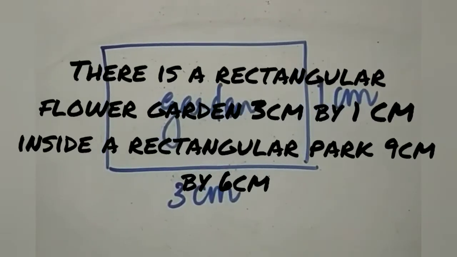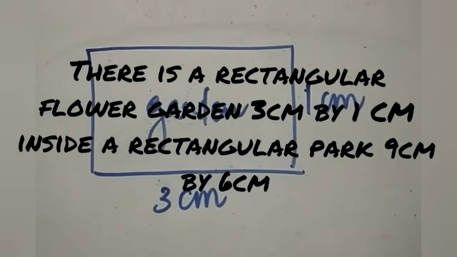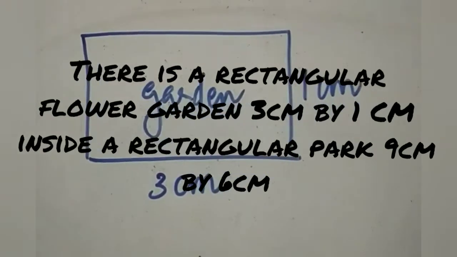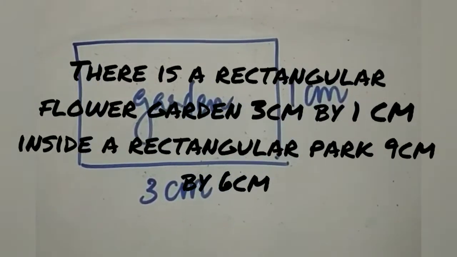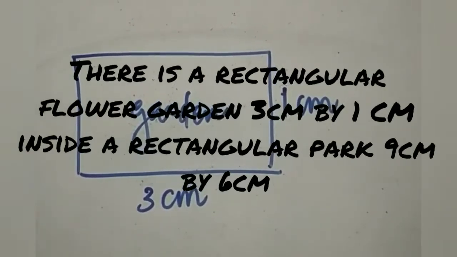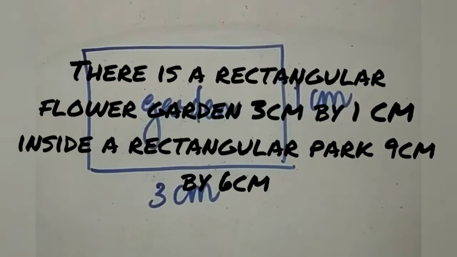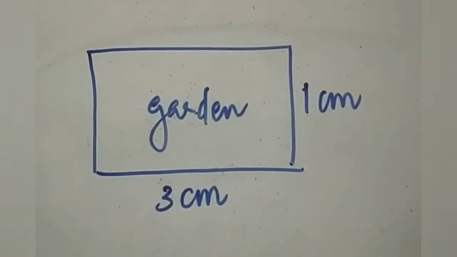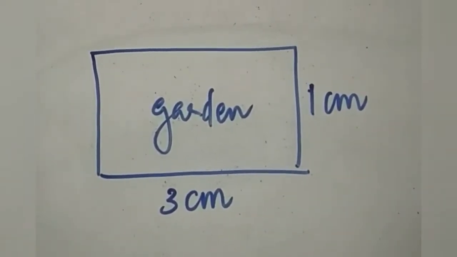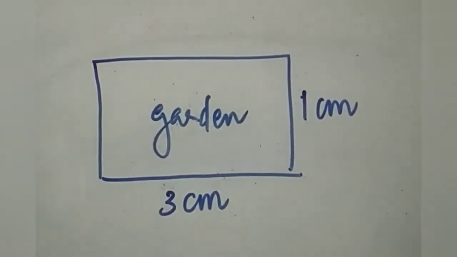Now let us read the question once more. There is a rectangular flower garden. We already drew the flower garden here, 3 cm by 1 cm, inside a rectangular park 9 cm by 6 cm. So what is its meaning? This garden lies inside a rectangular park.